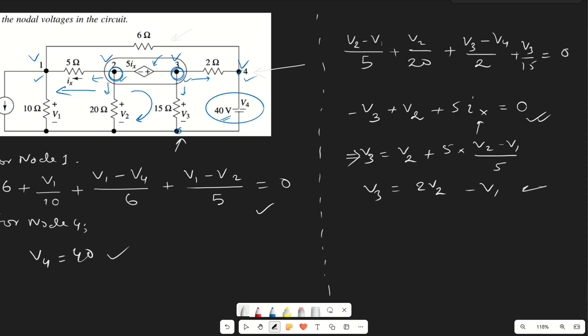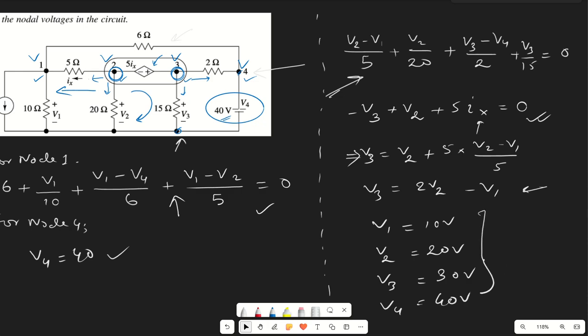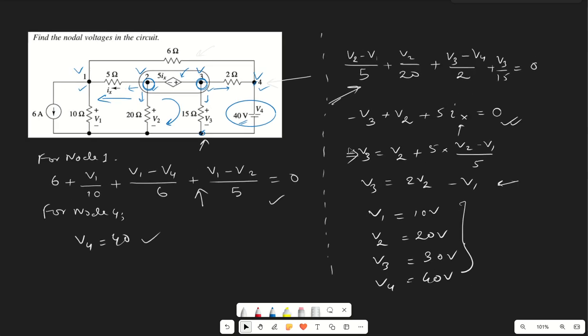So we have one equation, second equation, and this is our third equation. Three equations, three unknowns, so we can easily solve now. After solving, we will get V1 as 10 volts, V2 as 20 volts, V3 as 30 volts, and V4 we have already found, V4 is 40 volts. So these are the nodal voltages. This is as simple as that.